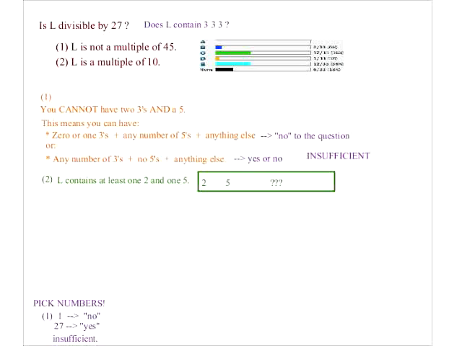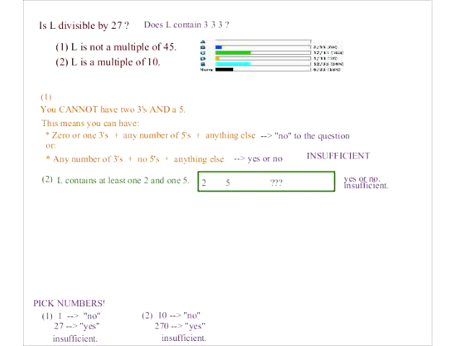Those question marks could totally have a bunch of 3s in there. So we don't know. So that's not sufficient either. If you want to pick numbers for that statement, you can pick 10 itself. That's a no. How would you get a yes? Who can give me a number that's divisible by 10 and 27? Yeah, 270. So you can just come up with that number. So insufficient.